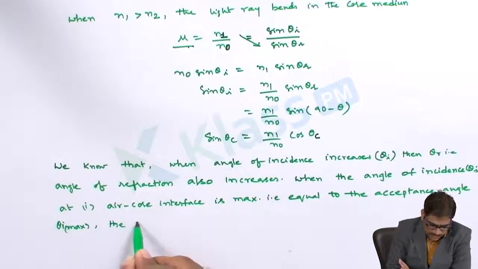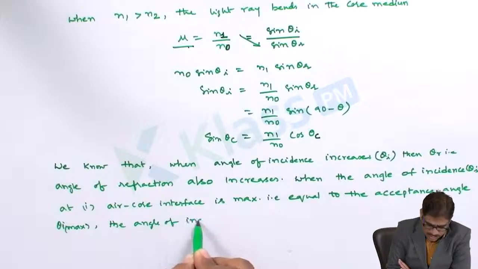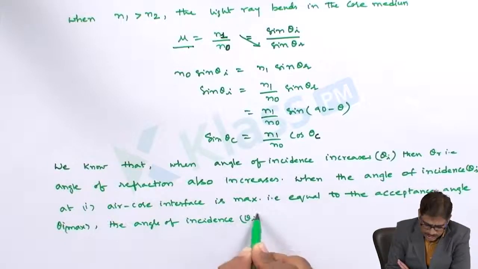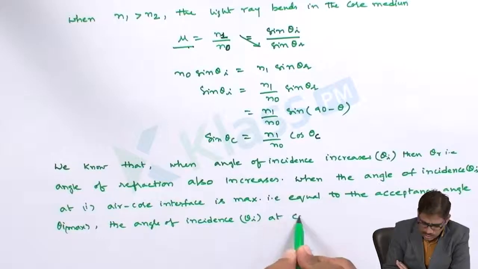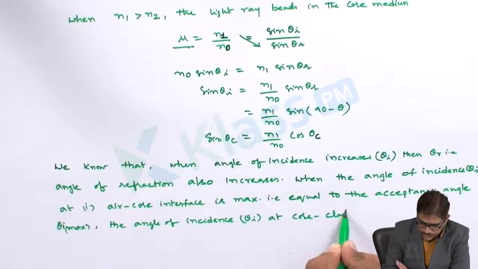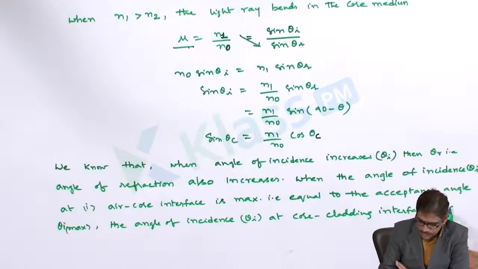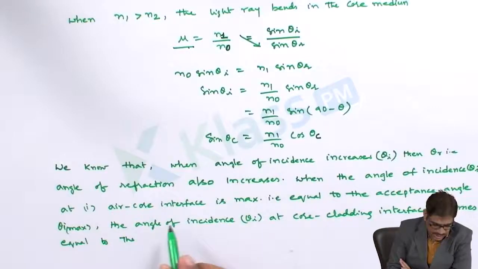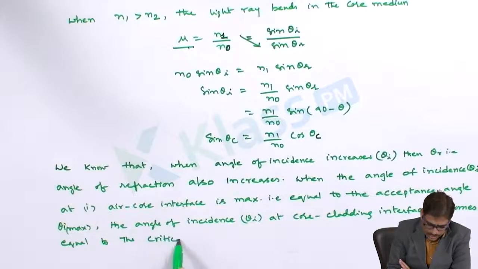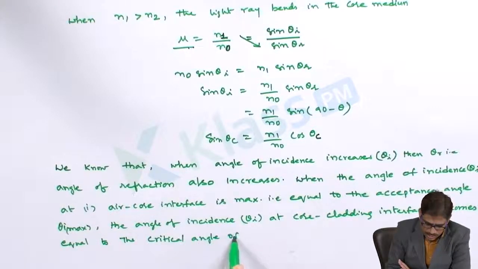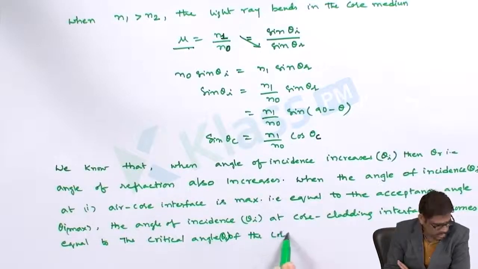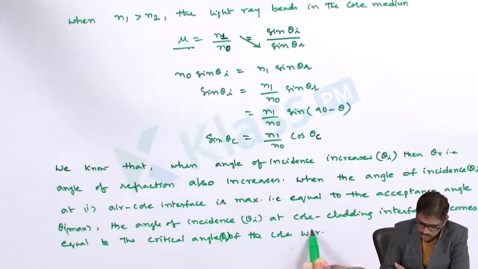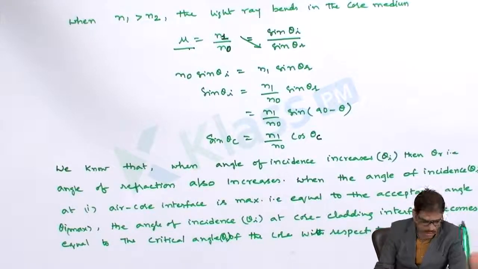The angle of incidence theta I at the core cladding interface becomes equal to the critical angle, that is theta c of the core with respect to the cladding.